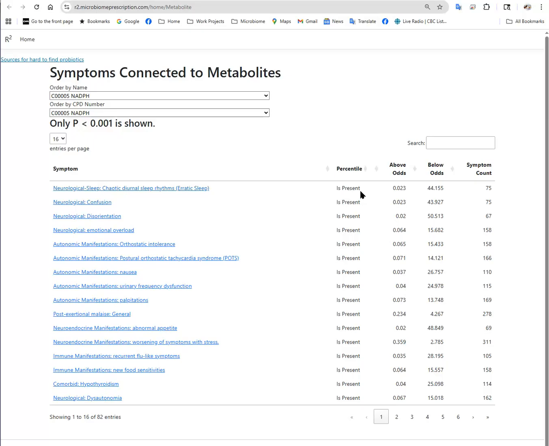Then the odds of having, for example, mental confusion is about 44. If it's not present, then the odds is very low. So the presence of this chemical metabolite is an indicator of having that, and basically the probability of it is 0.001.